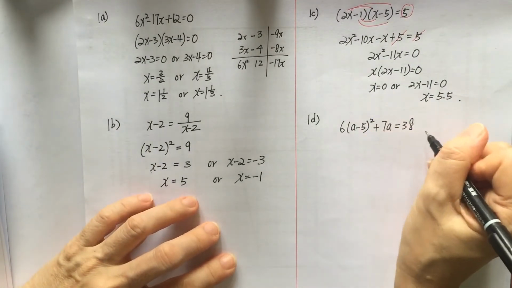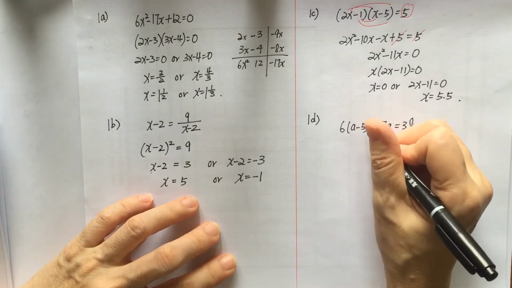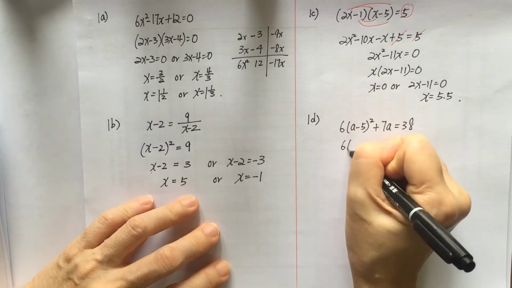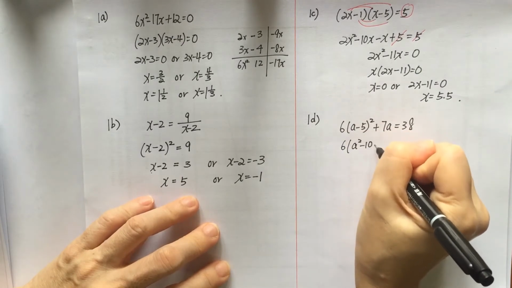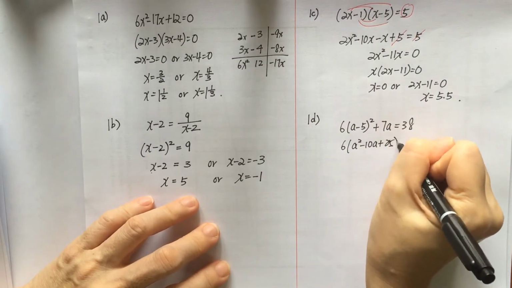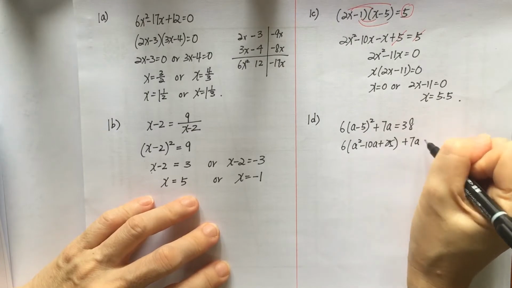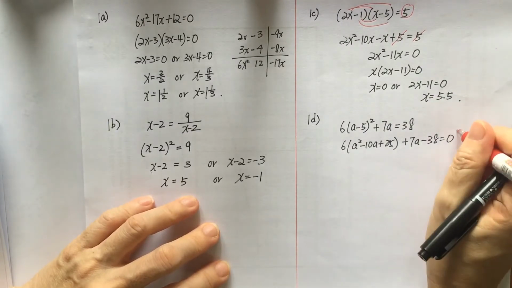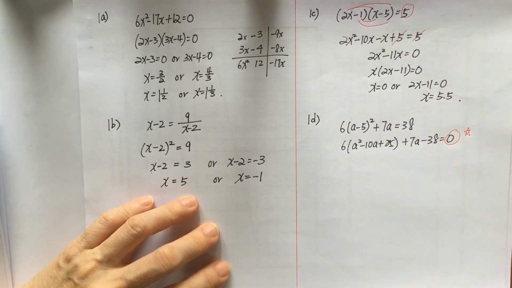Next one, again, there's constant term, then constant term here, so we're going to expand everything out and simplify. So 6 into a squared minus 10a plus 25 plus 7a minus 38 equals to 0. I'm keeping one side to be equals to 0.